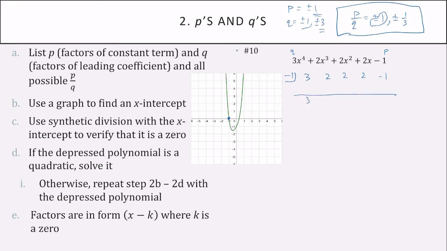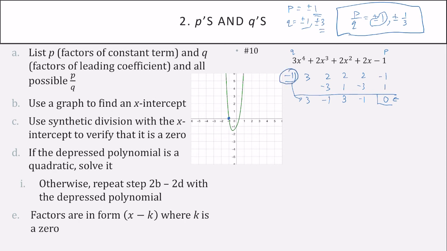Bring down the 3, multiply the negative 1 with the 3, add, multiply the negative 1, add, multiply with the negative 1, add, multiply with the negative 1, add. All right, that's a 0, right? That means negative 1 is a 0. So there we go. That's one answer right there.